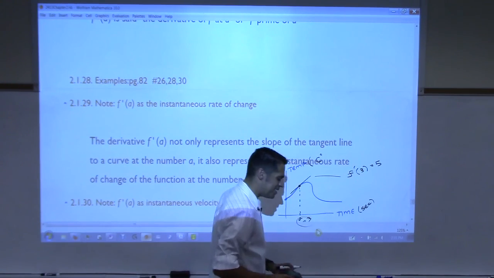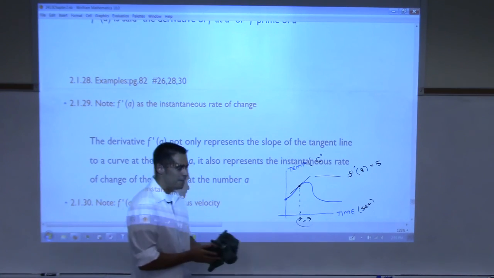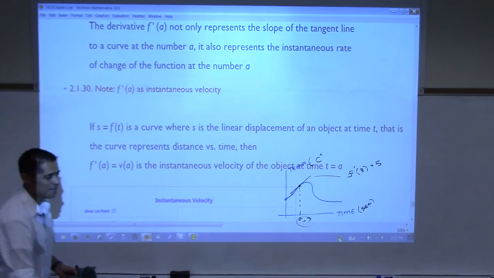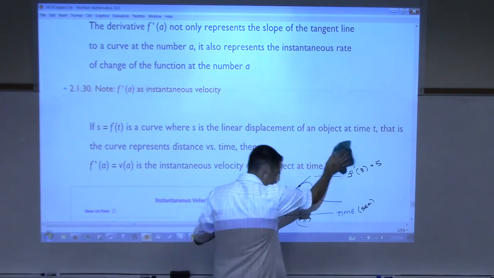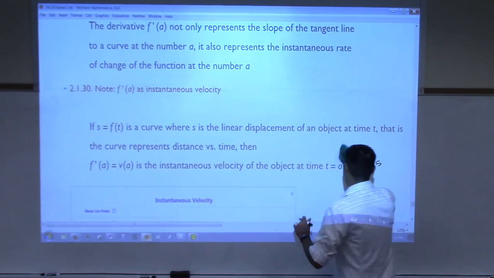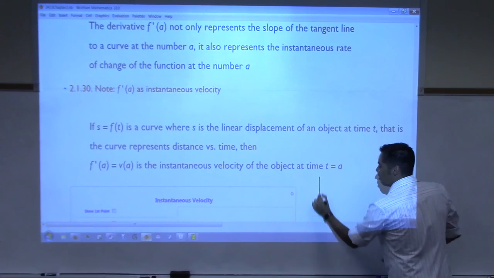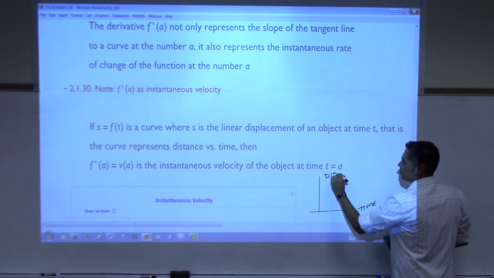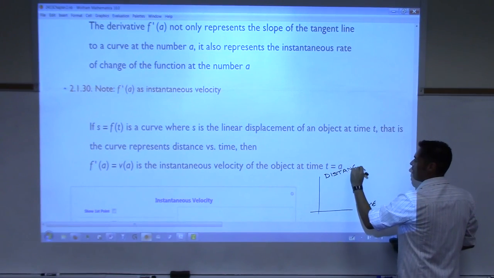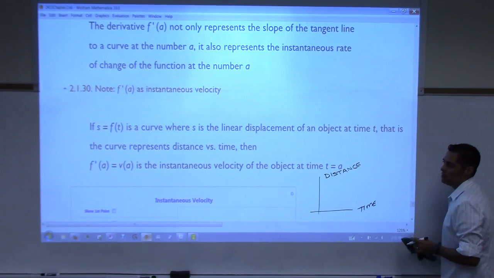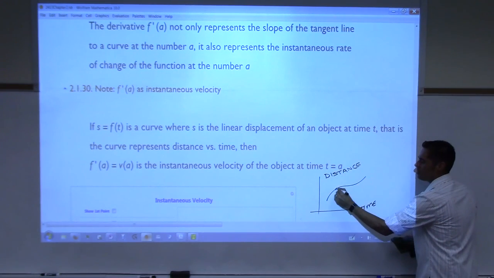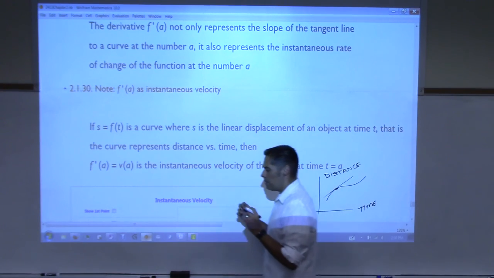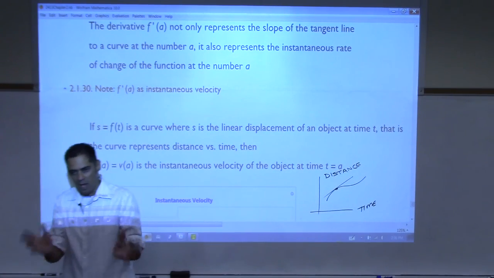Now, a very specific case, which applies a lot to physics, is the idea of instantaneous velocity. If you take a specific example where this is time and this is what we call linear displacement or distance, then the slope of the tangent line has the unique characteristic of being representative of instantaneous velocity.